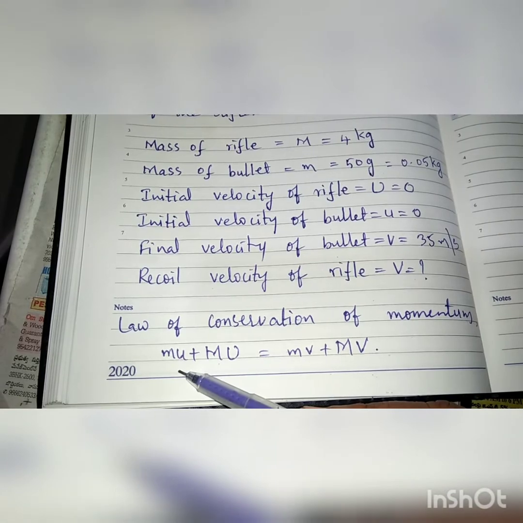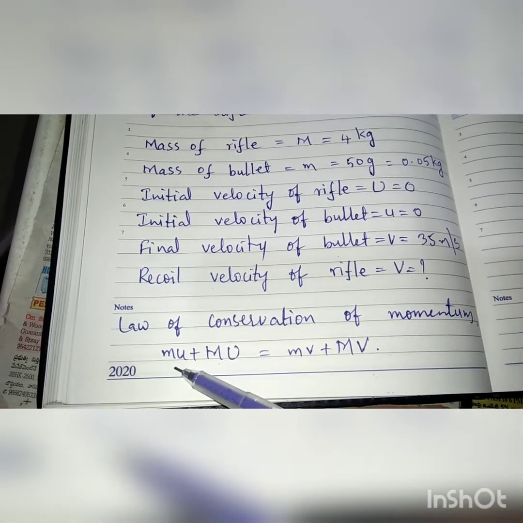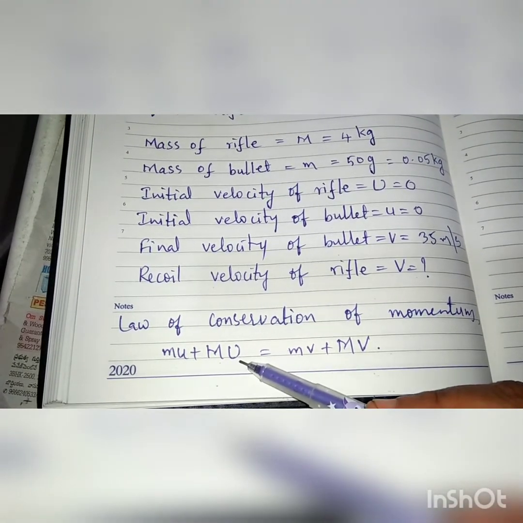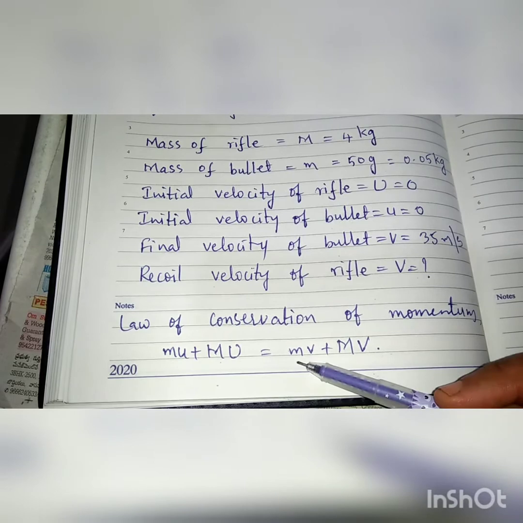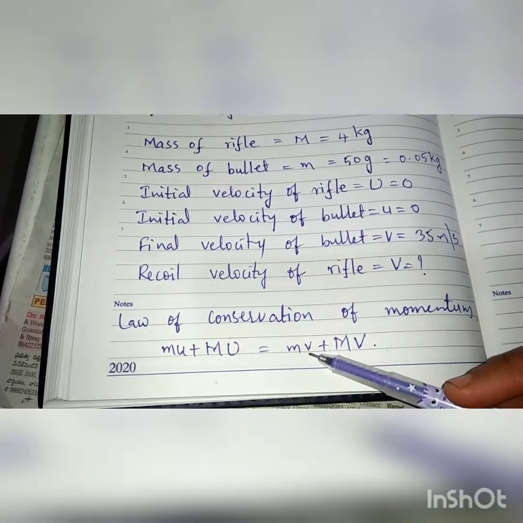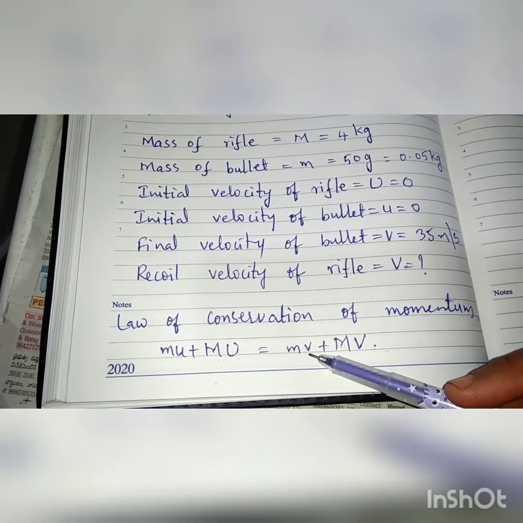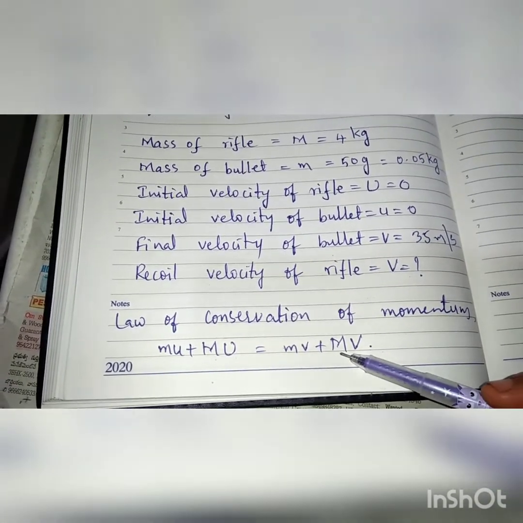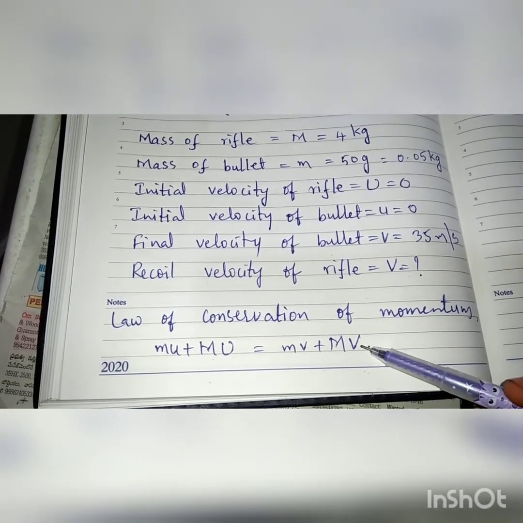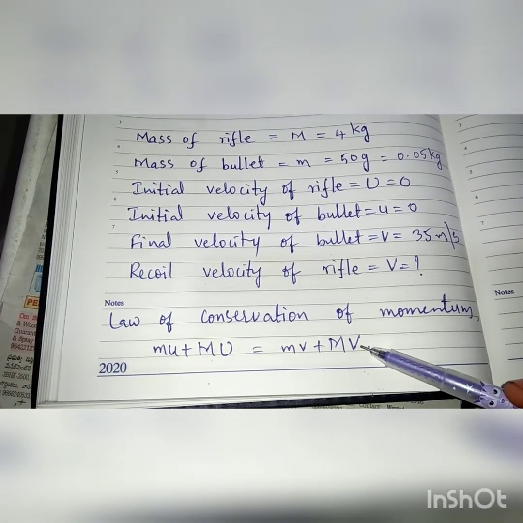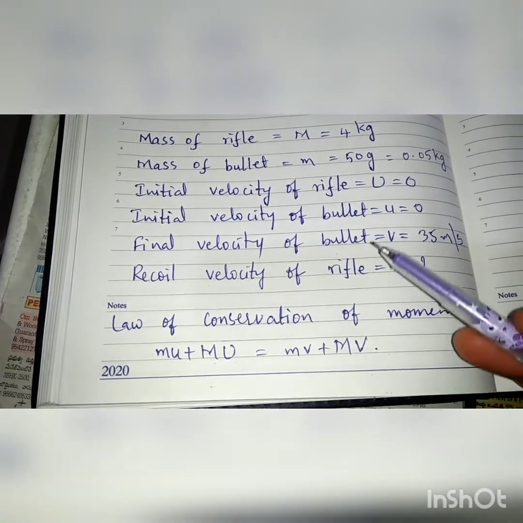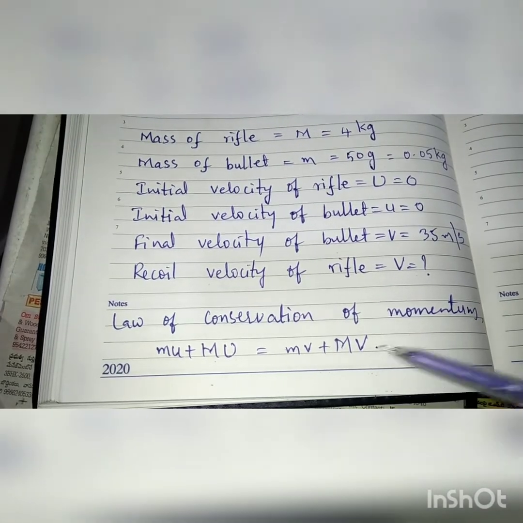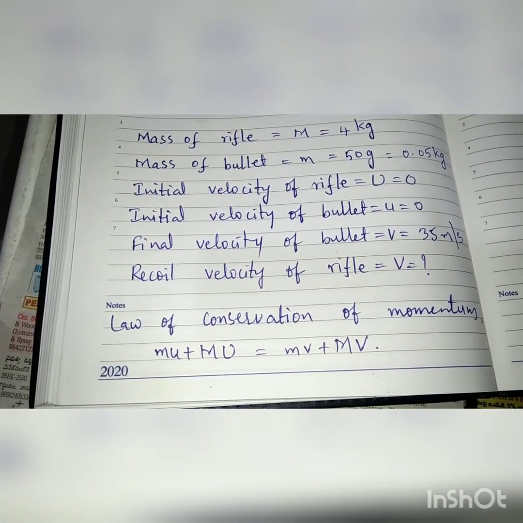Small m u, that is mass of bullet and initial velocity of the bullet, plus mass of rifle and initial velocity of the rifle, equal to mass of bullet into final velocity, which becomes the final momentum of the bullet, plus capital M into V, that is mass of rifle into final velocity, the recoil velocity of the rifle. Now let us substitute the values given here in this equation and find out the value of V.